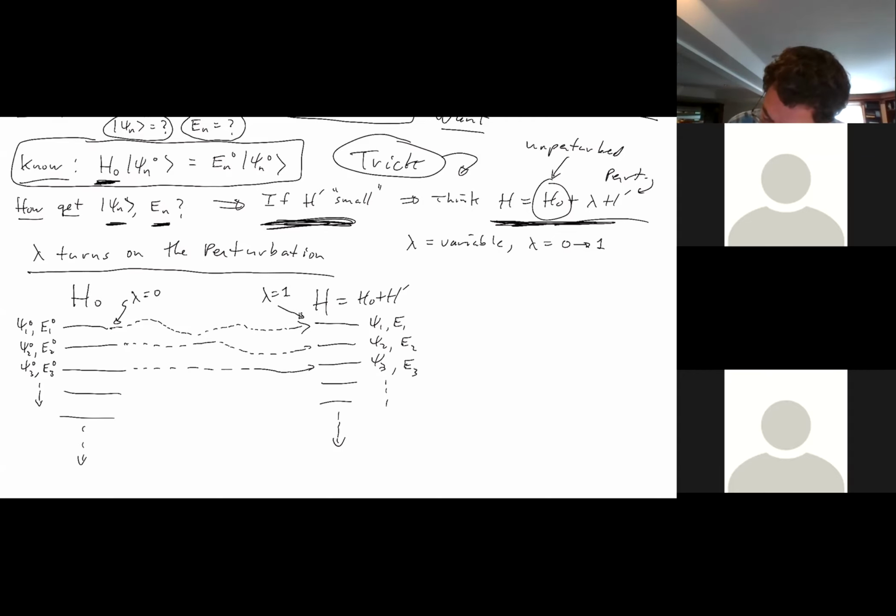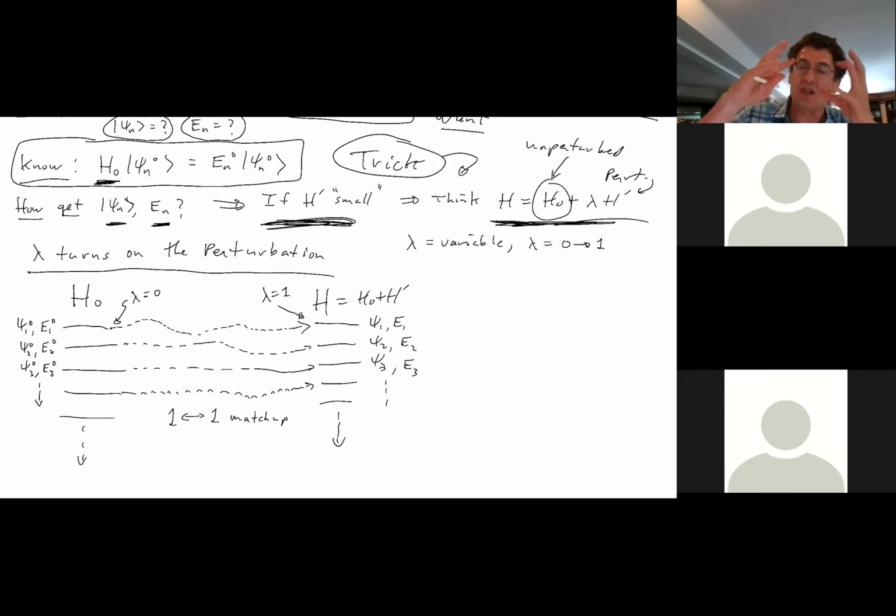And the idea is that each of these unperturbed states can be connected to the perturbed state. And if this works, there's a 1-to-1 matchup. And so if this idea is sound and works physically, then perturbation theory is good. But I do want to say that sometimes this idea fails.